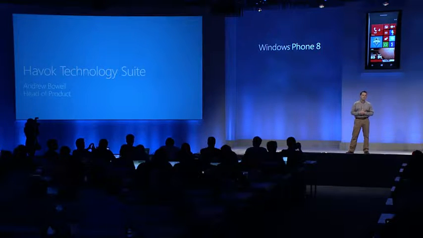Now, from a developer's point of view, Havok is all about delivering heavily optimized code and technology on each of our target platforms. And with that in mind, the Windows Phone development environment has been a really great experience to work with. Firstly, the native code access has allowed us to take our C++ code base and bring it directly across and access the hardware in a way that allows us to deliver those platform optimizations.